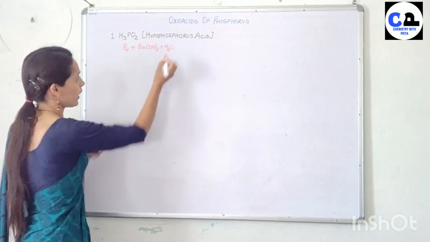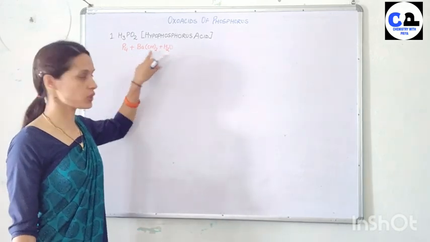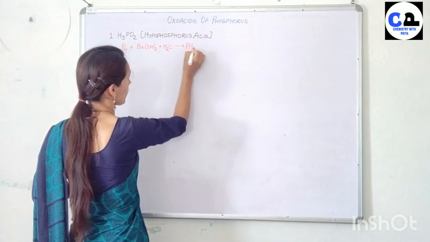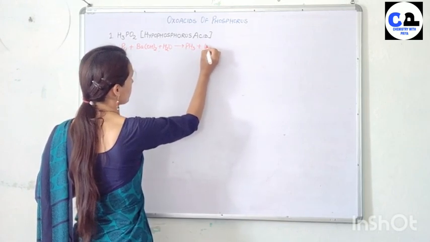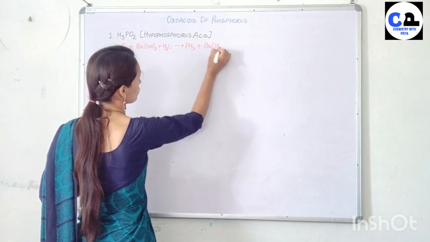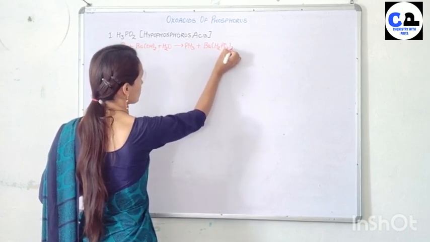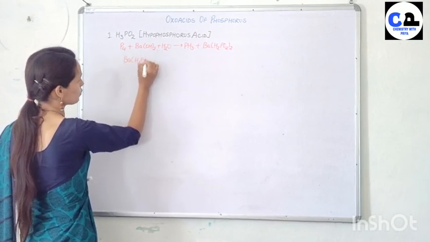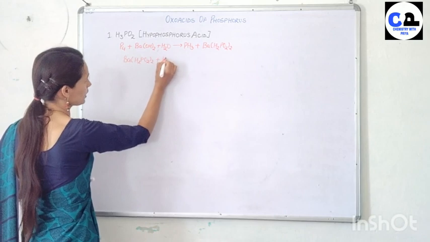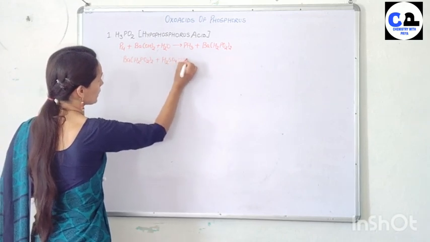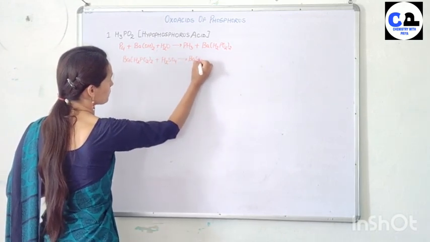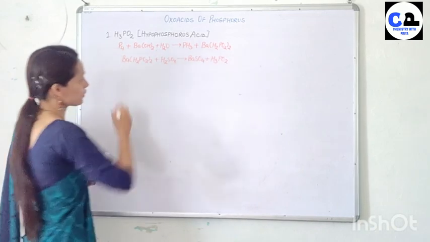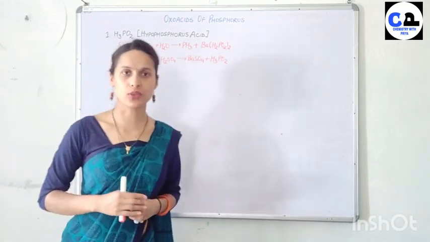Then we get phosphine and a byproduct, that is Ba(H2PO2)2. This Ba(H2PO2)2 on treating with H2SO4 gives BaSO4 plus H3PO2. So in this way we can prepare hypophosphorous acid.